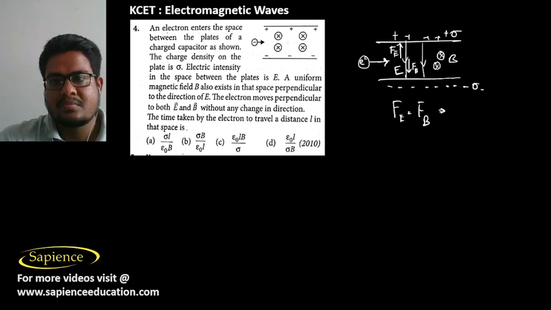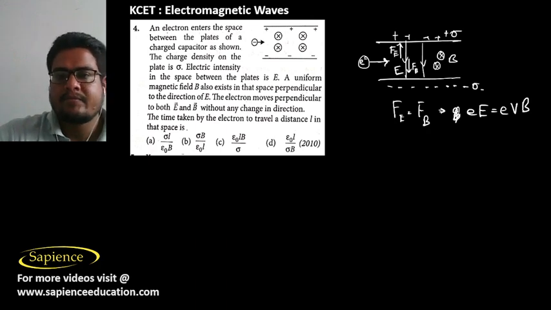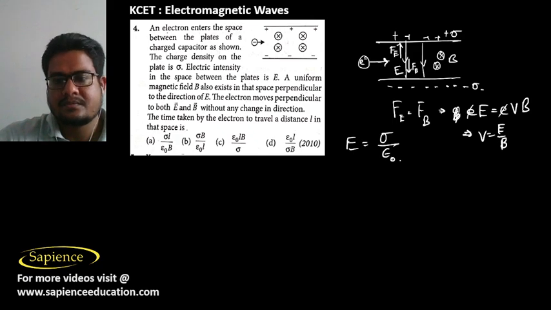Therefore qE is equal to qVB. Therefore the velocity of the electron is E by B, and the electric field is given as sigma by epsilon naught. So V will be equal to sigma by epsilon naught into B.